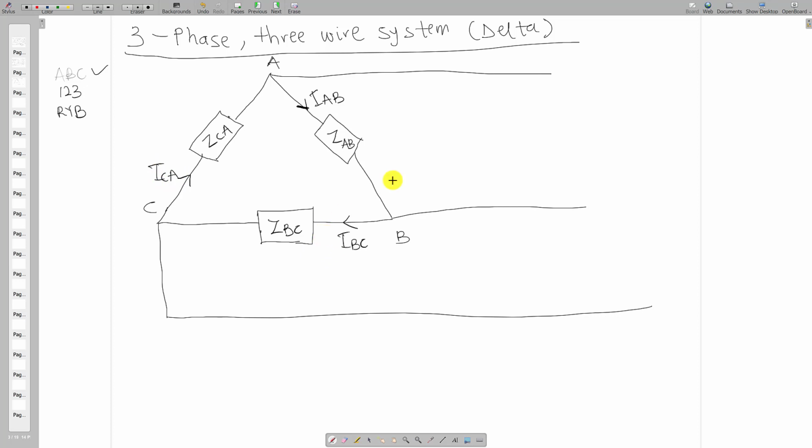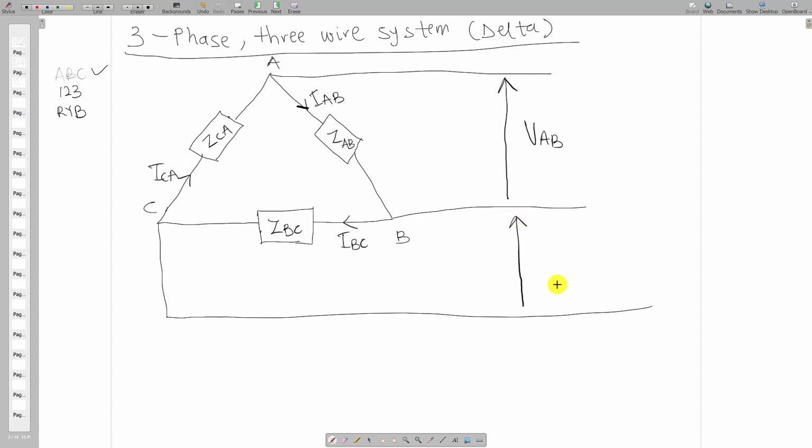Very simple. Then I'll have a voltage here, which is VAB because it is between this line and this line.